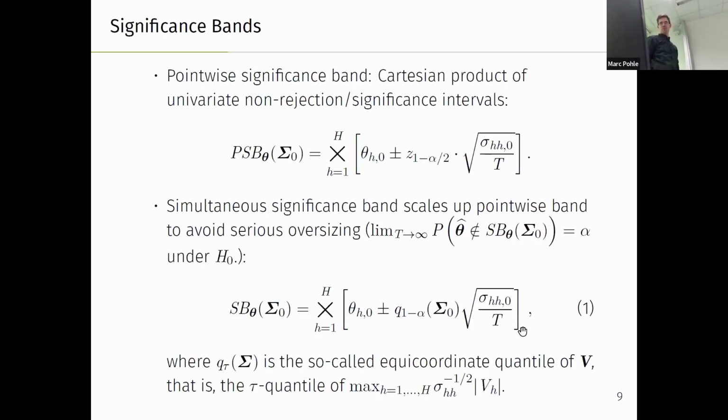Second question: there is a Q with index 1 minus alpha. Should this be 1 minus alpha half to fit the first formula environment? Yeah, it should be Q 1 minus alpha half, I guess. No, I think I'm pretty sure that V_h is an absolute value, so you're only looking at the right tail.